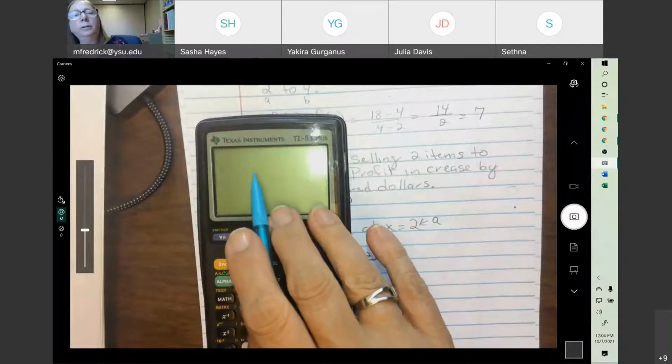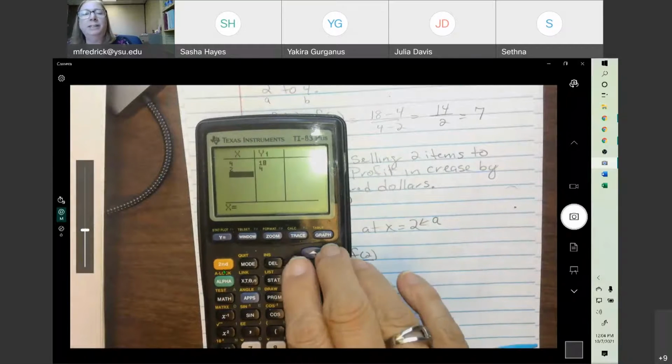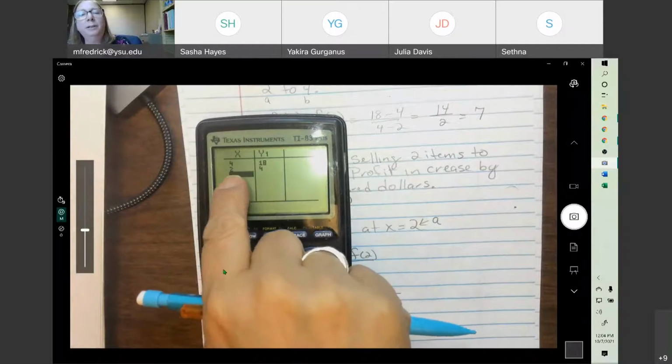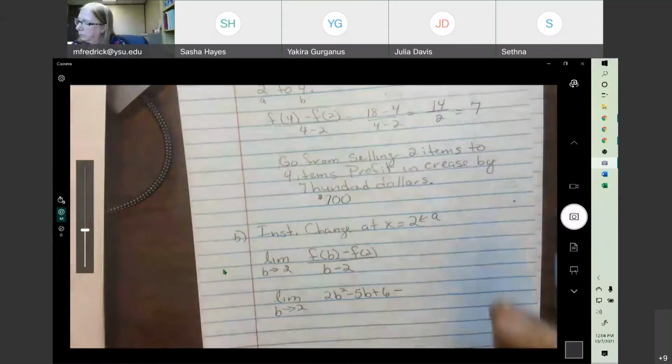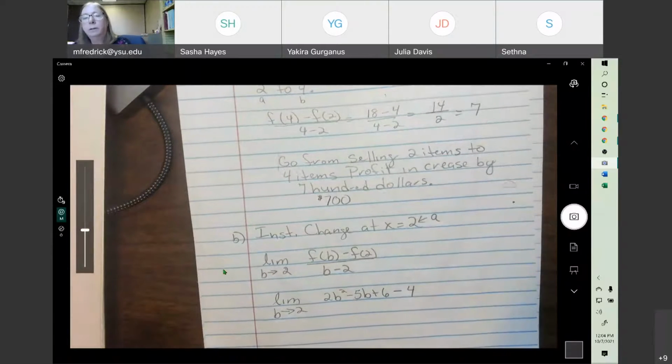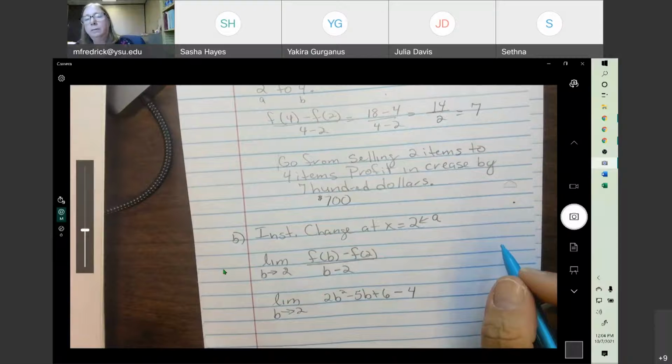f of 2, whoops, of course it shuts off right when I go down. f of 2 is 4, so this is just minus 4. Any questions on that?